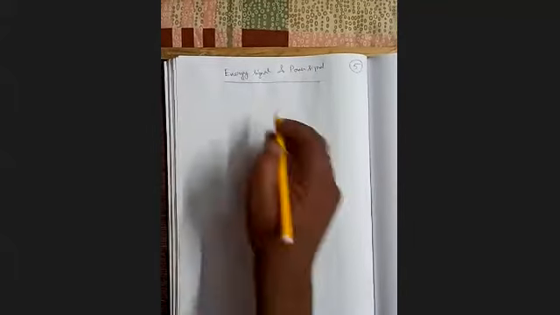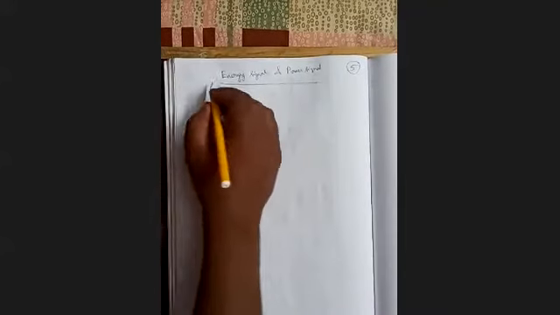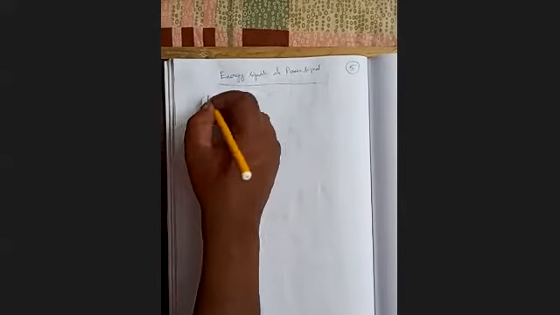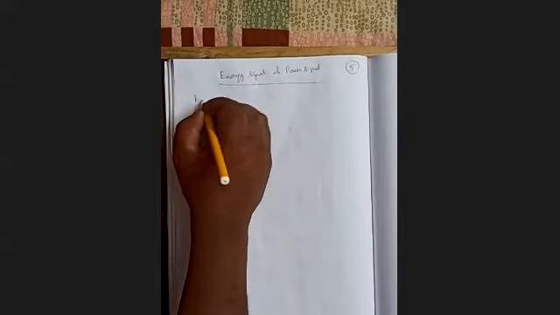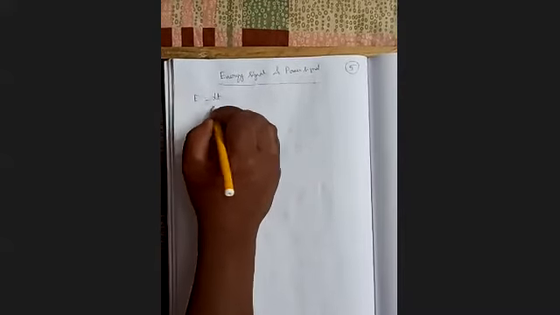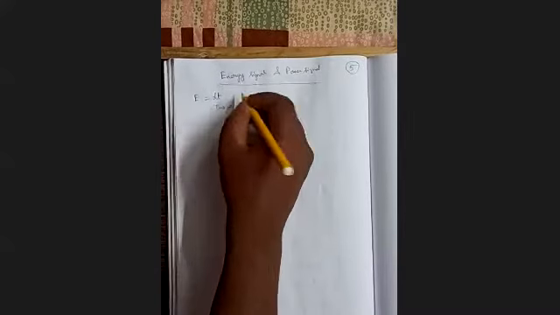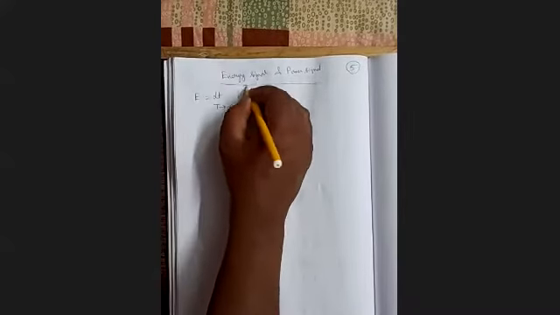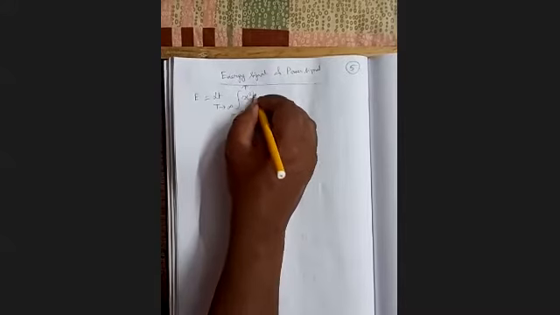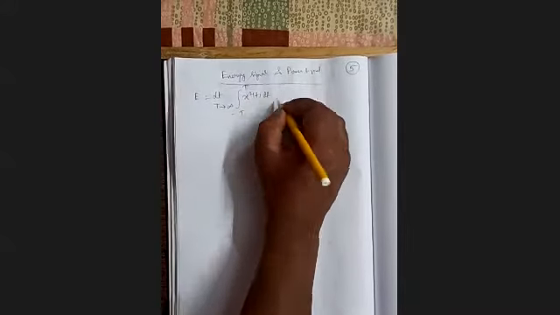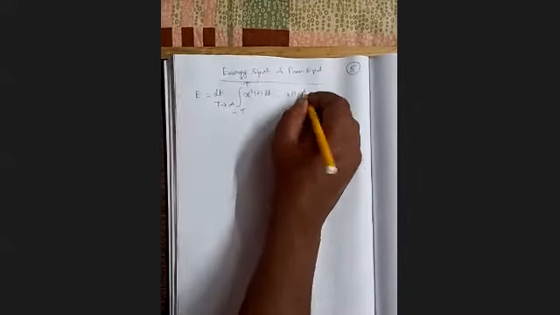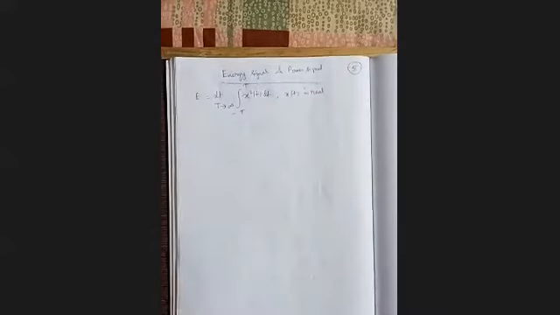Now consider one signal x(t). Then we can find its energy. How? The energy of a signal can be defined as the limit, capital T tends to infinity, of the integral from minus capital T to plus capital T of x square t dt, when x(t) is a real function.